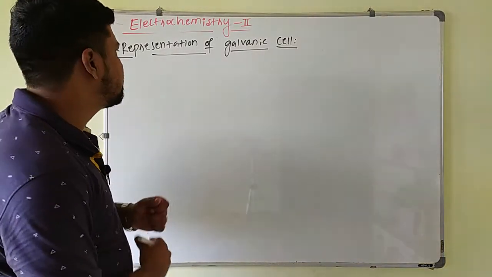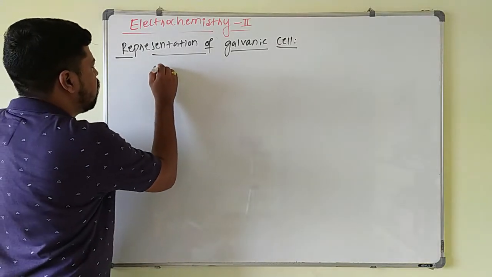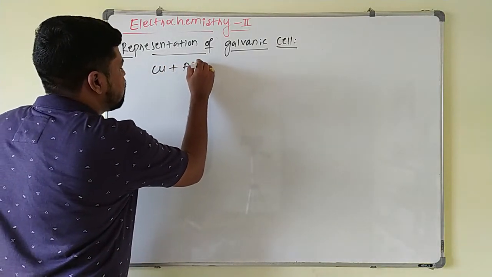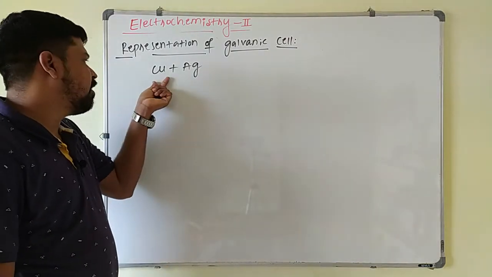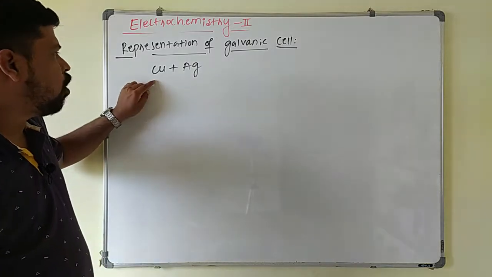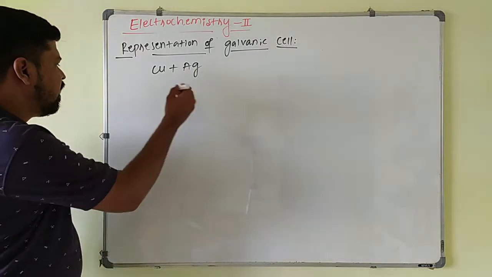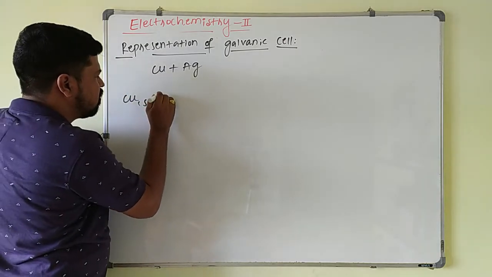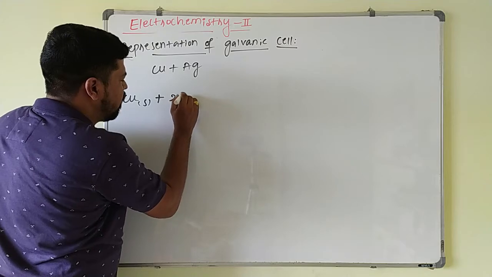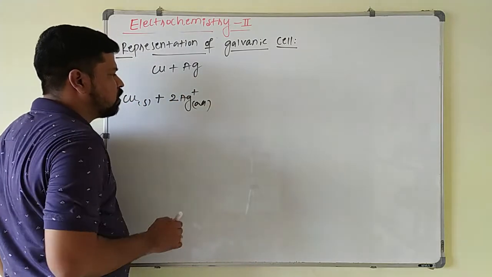So the next example is, if I construct a galvanic cell by using copper and silver electrode. In the electrochemical series, silver comes at the right hand side and copper will be at the left hand side. So copper undergo oxidation and silver will undergo what? Reduction here. So here you can write copper in the solid state plus 2 Ag+ in the aqueous solution.